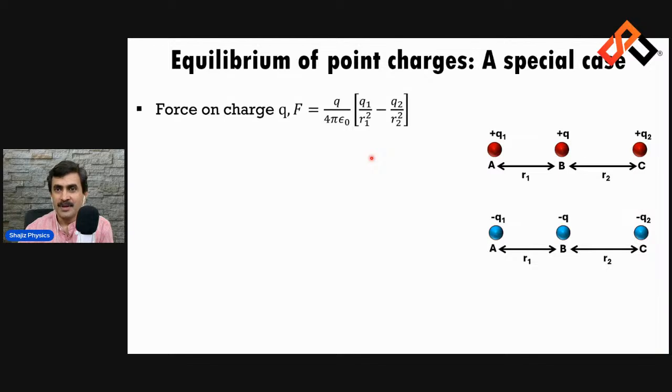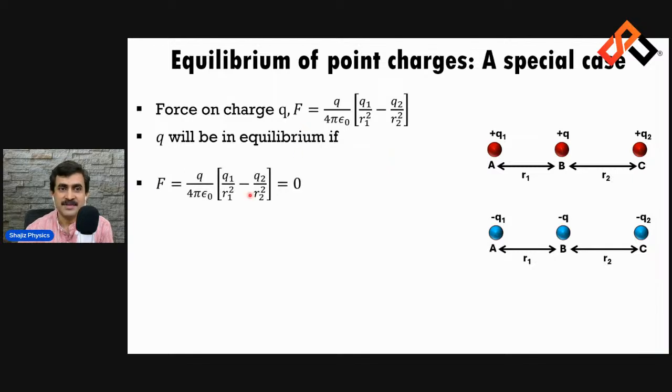Now, in this case, if we want Q to be at equilibrium, this is the condition. If Q is in equilibrium, then this force must be 0, which implies the quantity inside the bracket should be equal to 0, as we said earlier.